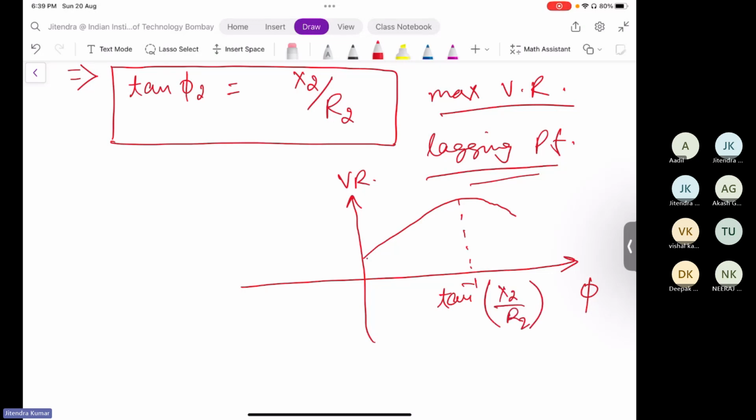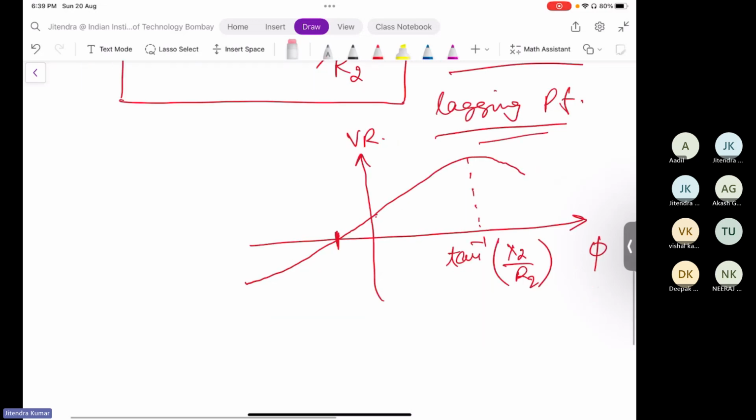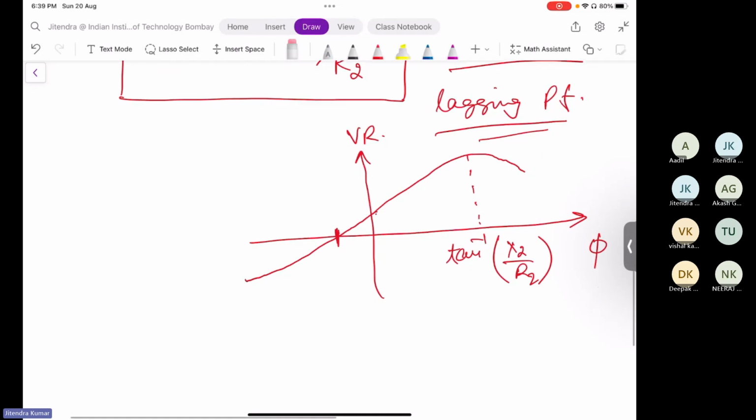And if you extend this curve, the zero voltage regulation will occur here. This point also we will compute. That will be the condition of zero voltage regulation. So this condition is maximum voltage regulation, and this condition is zero voltage regulation.